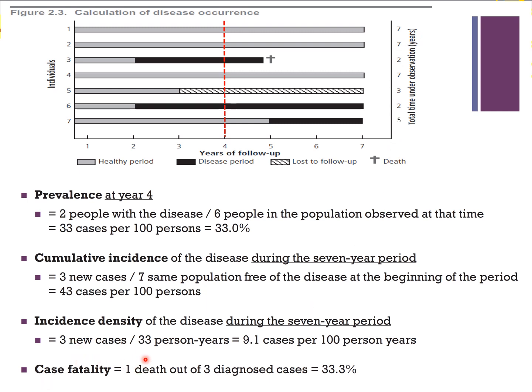So 3 divided by 33 person years is equal to 9.1 cases per 100 person years. And for case fatality, there is only one death here. It means that one death out of 3 diagnosed cases is equal to 33.3%.